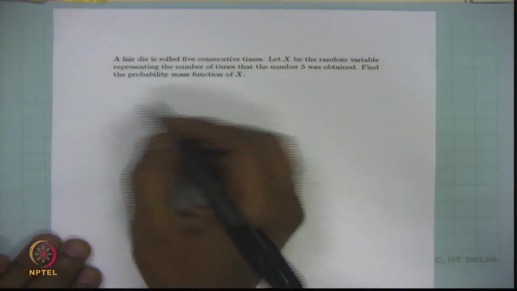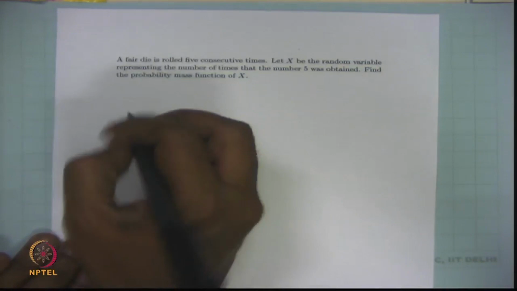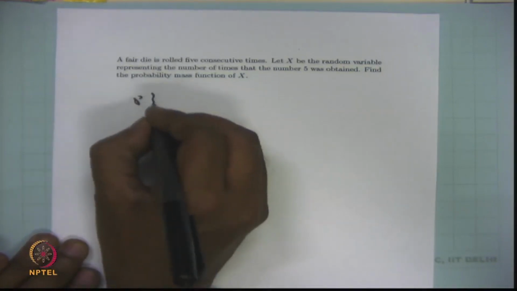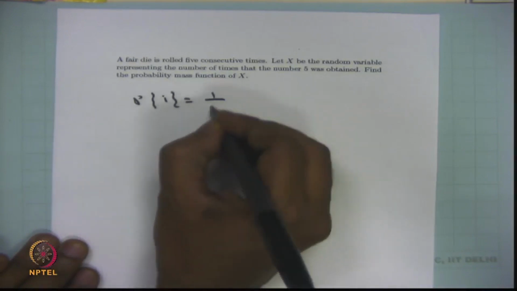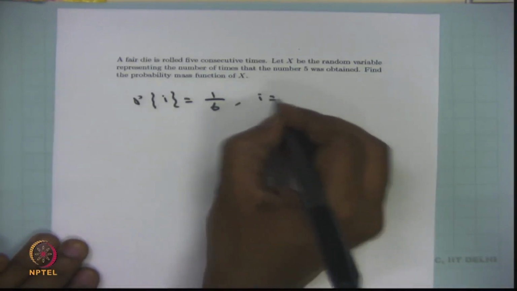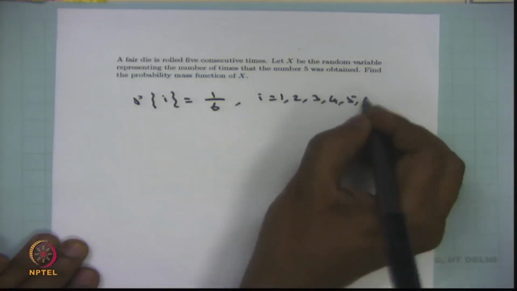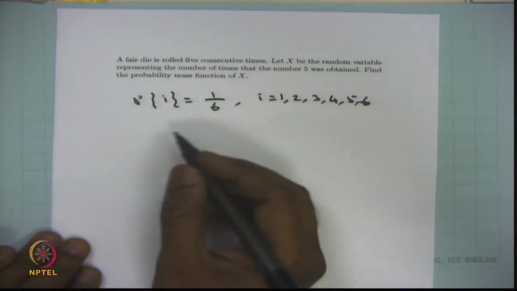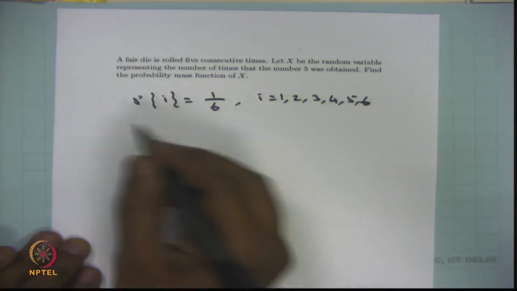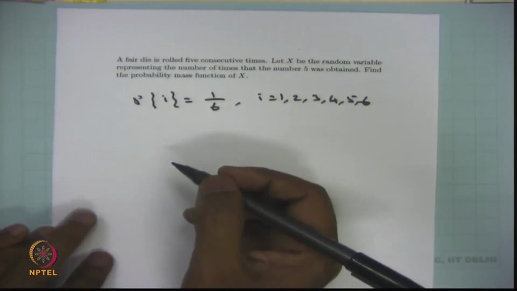So a fair die is rolled 5 consecutive times, therefore the probability of each possible outcome is 1 by 6 when i takes a value 1, 2, 3, 4, 5 and 6. This is the collection of all possible outcomes, and the probability is 1 by 6 because it is a fair die rolled consecutively 5 times.